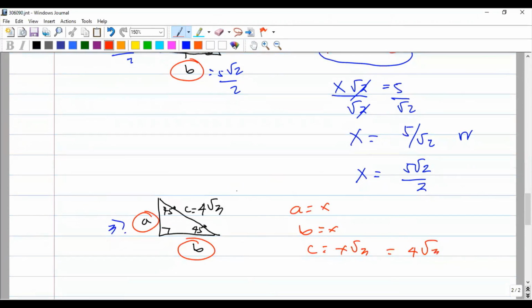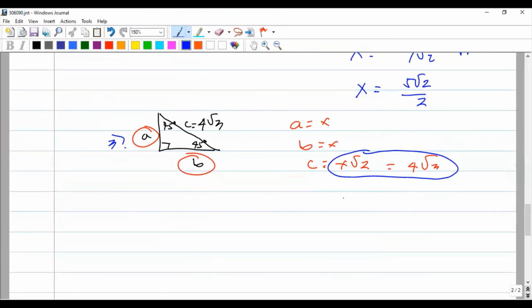Sorry, that's correct. This must be X square root of 2. So from this equation, we can find the value of X. X square root of 2 is equal to 4 square root of 3.